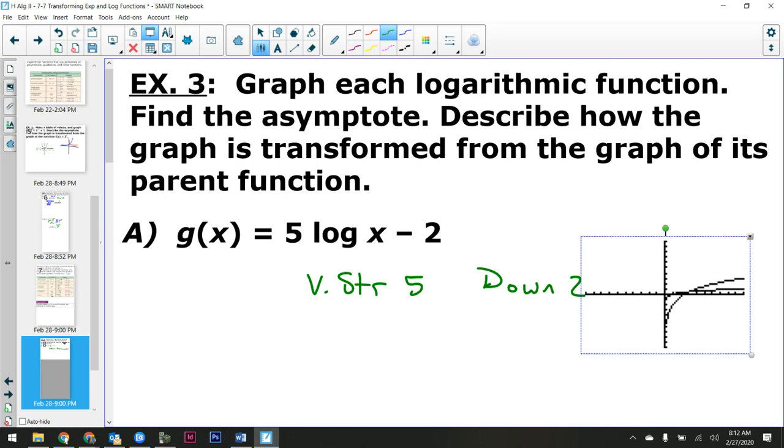It doesn't have a horizontal asymptote. It has a vertical asymptote. It's the inverse of an exponential. The exponential has a horizontal asymptote. The logarithmic has the vertical asymptote, which means x equals 0. So graph the log, find the asymptote, describe the transformation. Done, all 3.